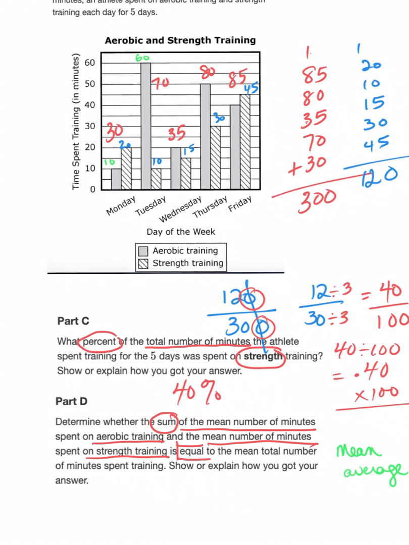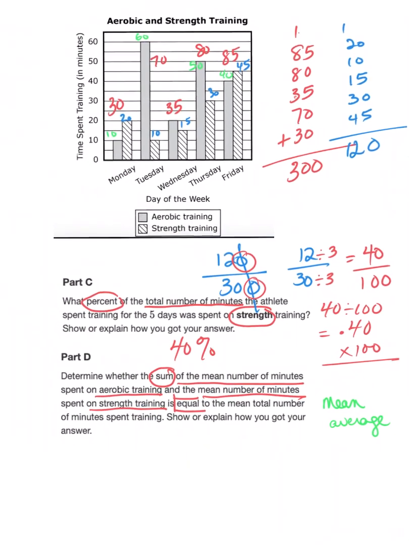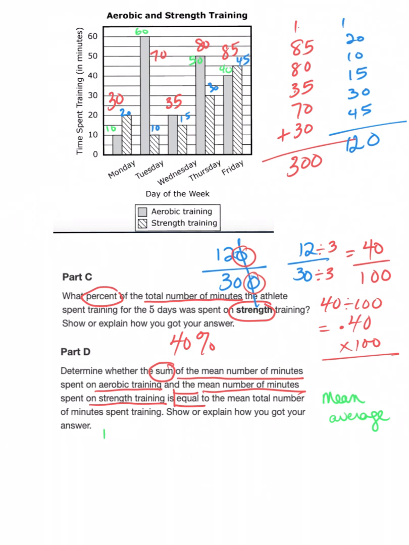This is 60. This is 50 and 40. So we've got 10 plus 60 plus 50 plus 40. Oh, I'm missing one. Oh, 20. There we go. I needed 5 pieces of data. 1, 2, 3, 4, 5.